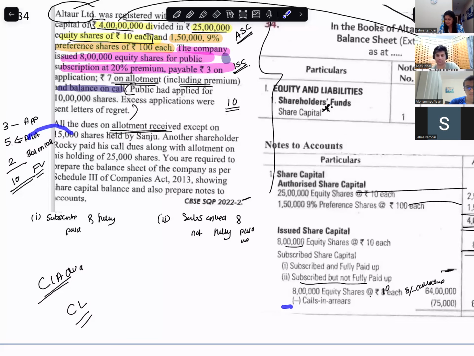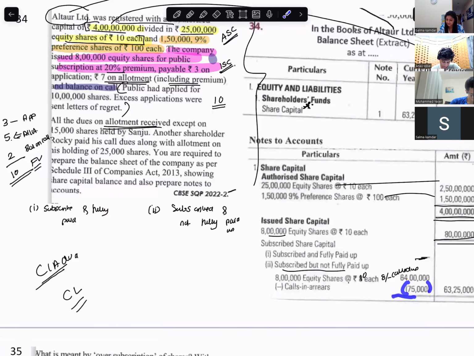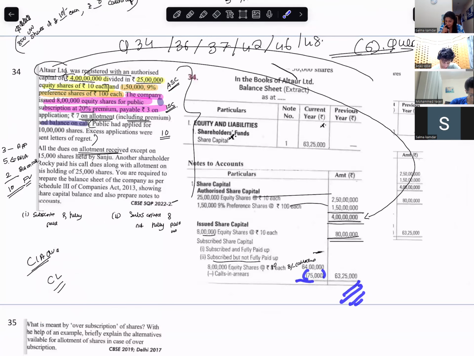Minus calls in arrears. You will deduct this amount and you will get subscribed but not fully paid up, 6325. This is the amount that will come in your balance sheet. Are you with me?